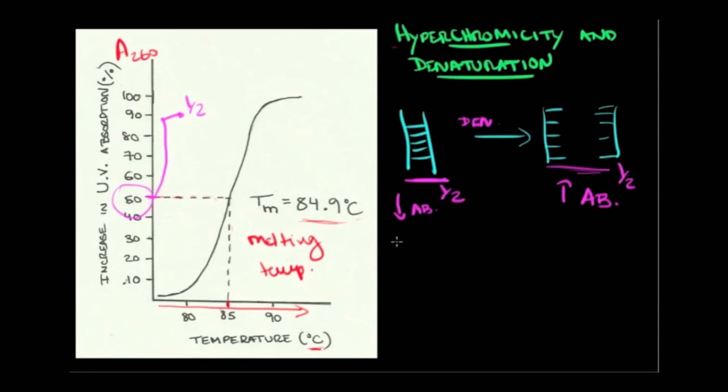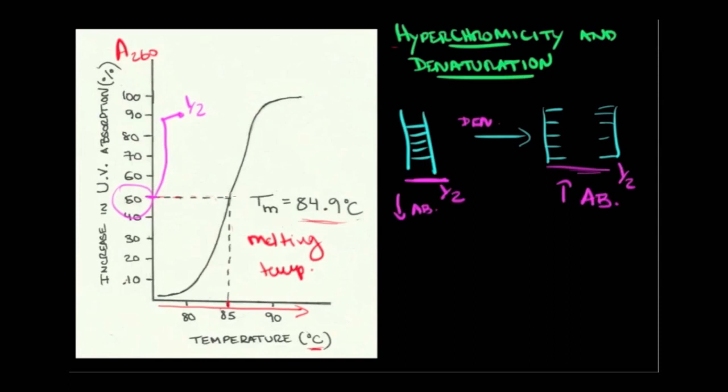If you want to define melting temperature, this is where you say that it's the point where you find half of the molecules as double-stranded DNA and half in the form of single-stranded DNA. Half of the molecules are already denatured. This is what it means.